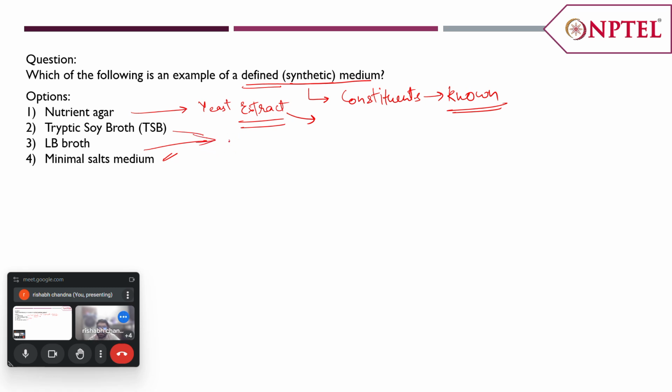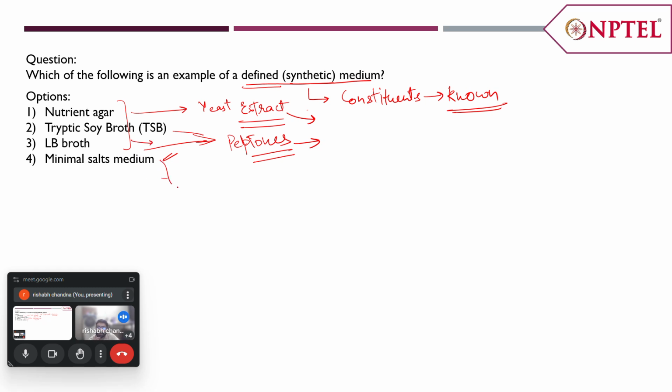There are components called peptones. The exact composition of these peptones we don't know. We only say that these are degraded or simpler forms of proteins that will help us as a nitrogen source. But the exact composition is not known. So that is why these three do not come under defined medium or the synthetic medium.